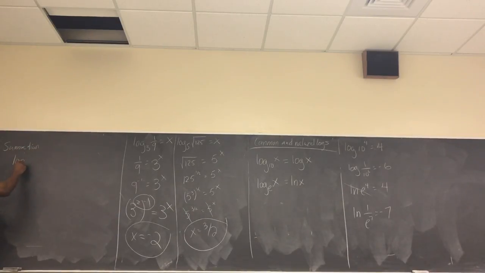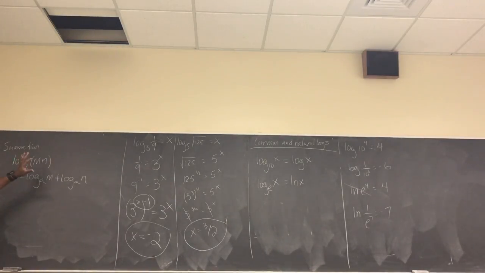If I have log of any base a of 2 things that are being multiplied together, log base a of mn, I can write this as log base a of m plus log base a of n. So if I was dividing, what do you think would happen?